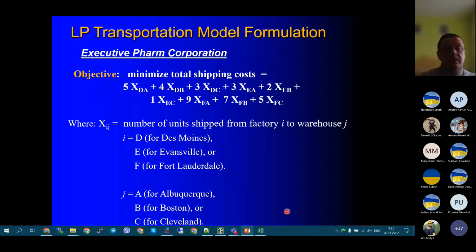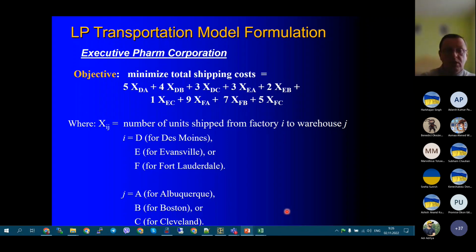In this case, our objective will be to minimize total shipping cost, which will represent the number of units shipped from a specific source to a destination, factory to warehouse. And here is how, from the previous example, this equation could be constructed.